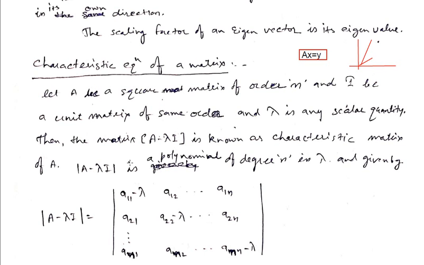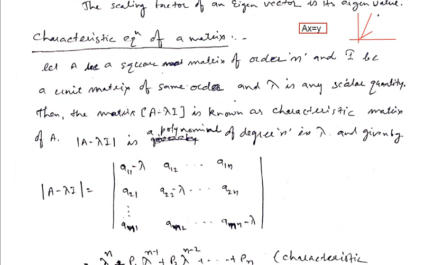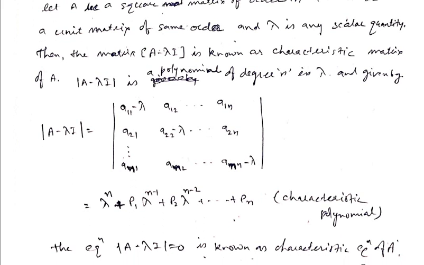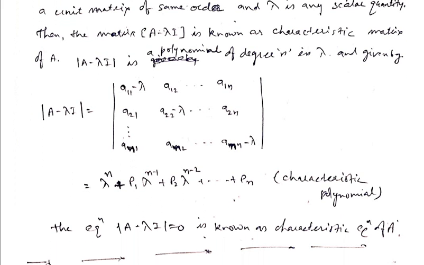known as the characteristic matrix, and the determinant of this characteristic matrix is a polynomial in lambda of degree n, and that polynomial is known as the characteristic polynomial. Setting this polynomial expression equal to 0 gives the characteristic equation.